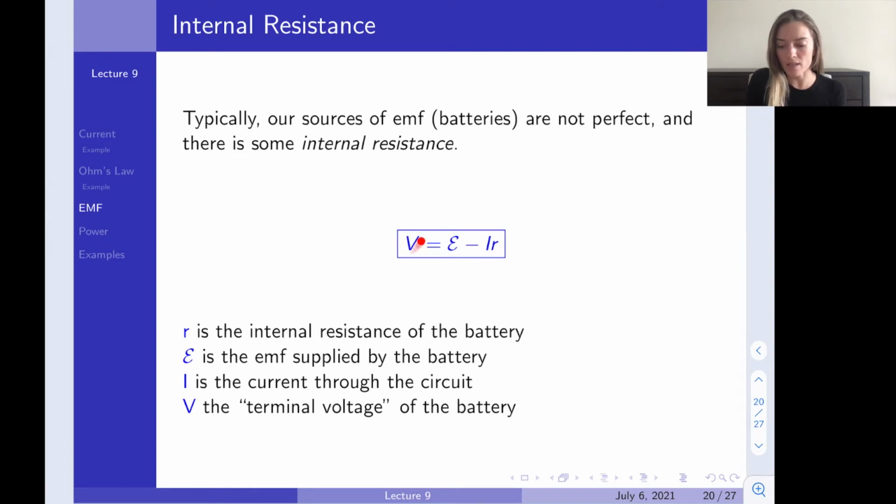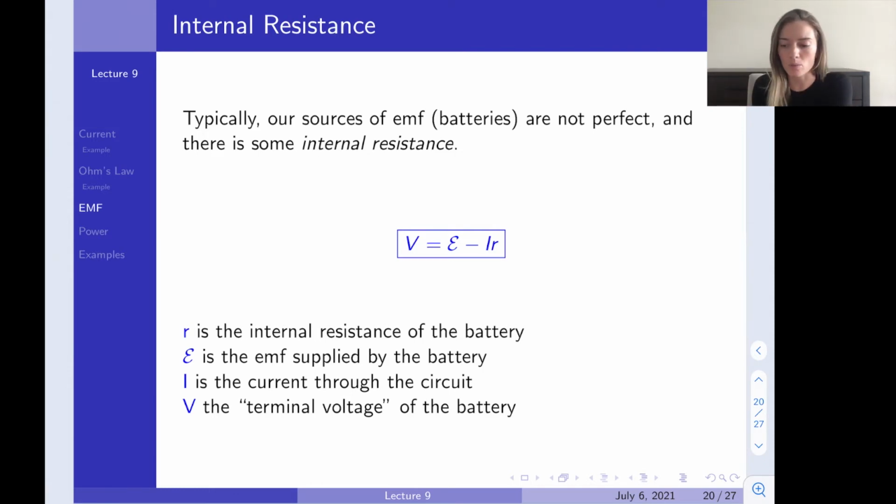So the potential difference across the two ends of a battery is equal to the EMF supplied by that battery, in volts, minus the potential lost to that internal resistance, which is minus the current times the small internal resistance of your battery.